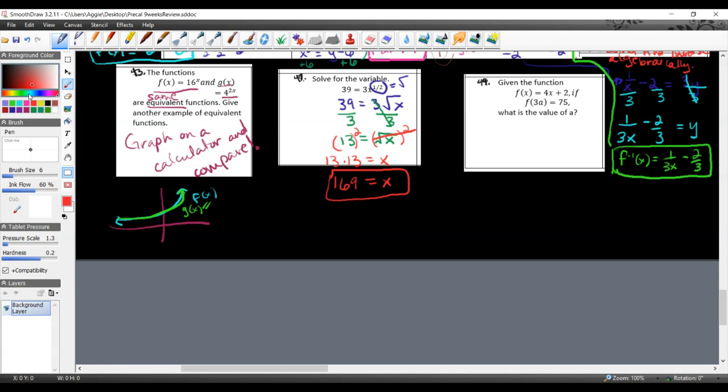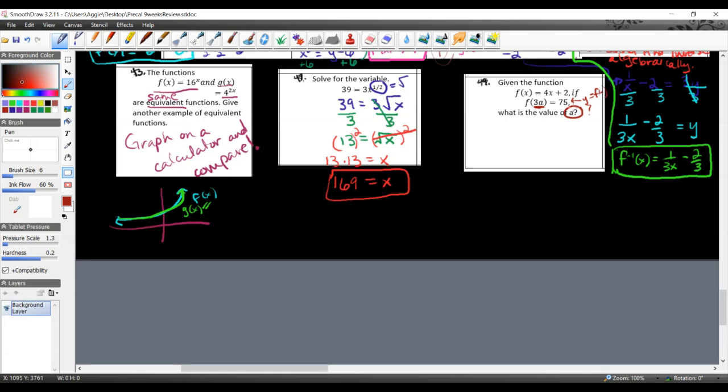Okay. Last problem. We're finally there. It says, given the function f of x is equal to 4x plus 2, if f of 3a is equal to 75, what is the value of a? All right, so in this one, you kind of have to work a little bit backwards, okay? Remember that this number is y, which is also f of x.